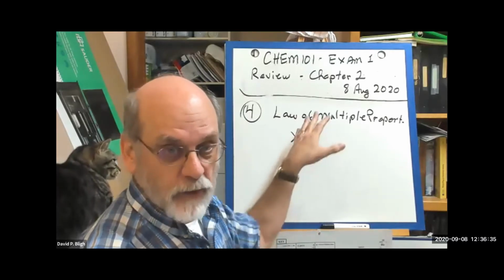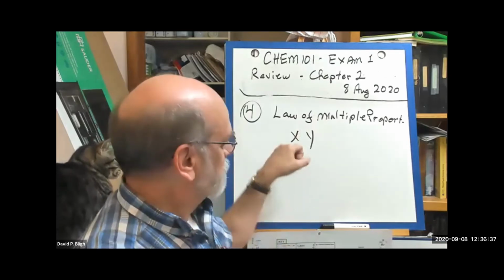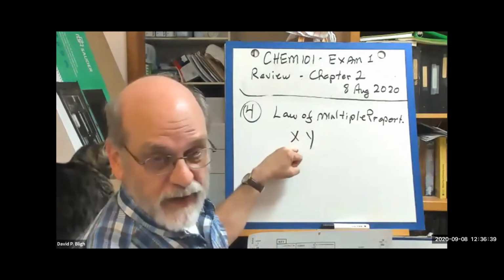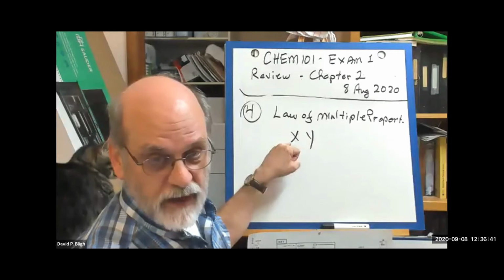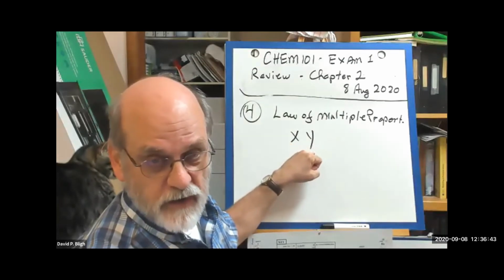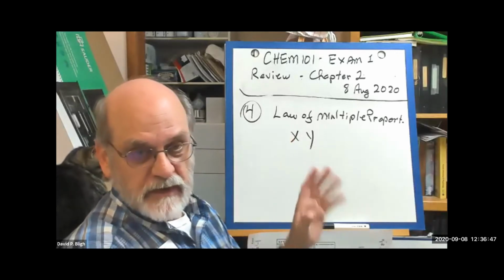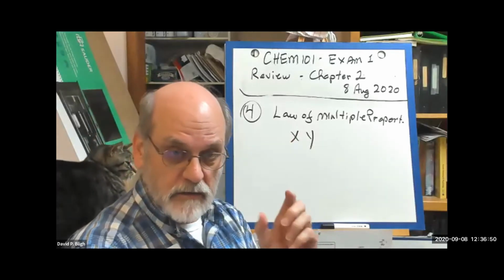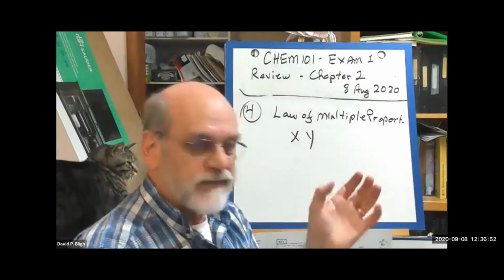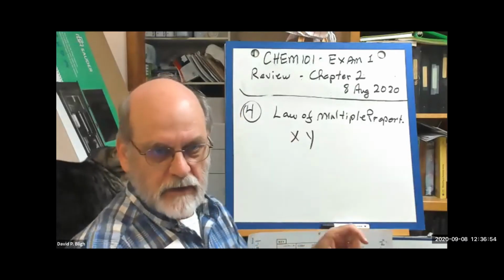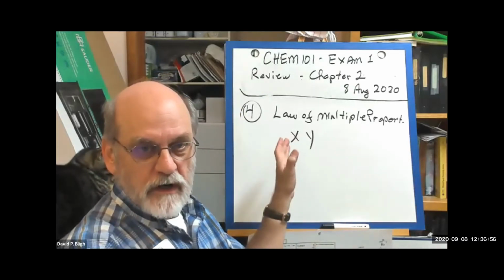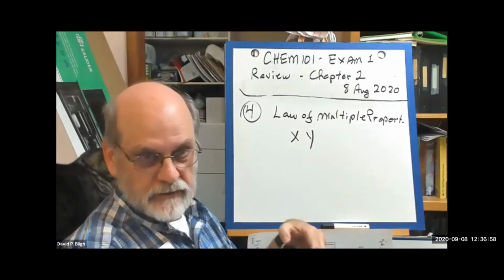You can have a number of different compounds, binary compounds, where one element occurs in a ratio with the other element, and if one of the elements is taken as your foundation or your unit, then the others occur in whole multiples.